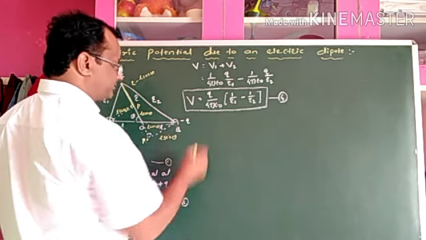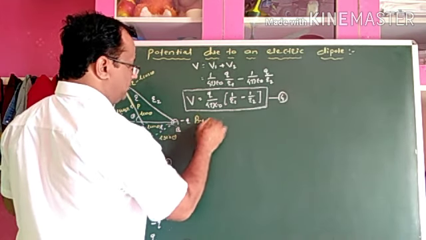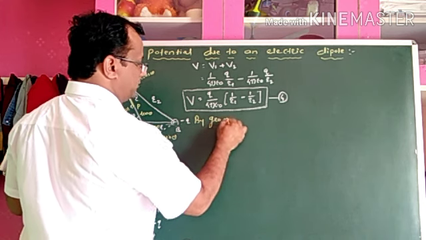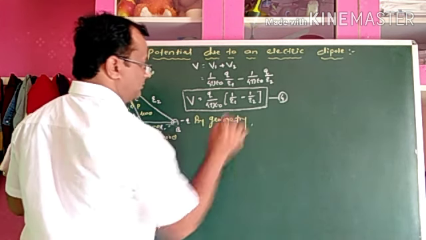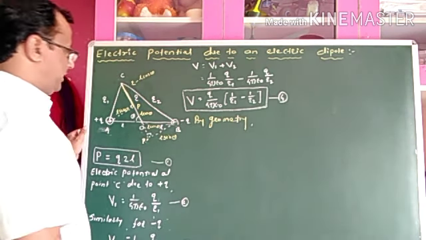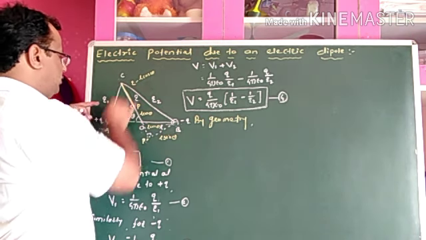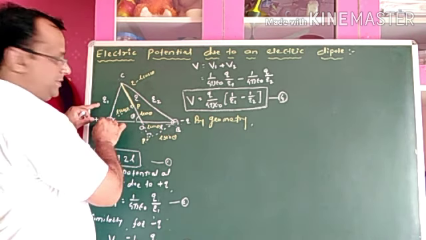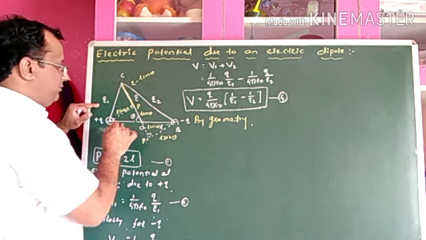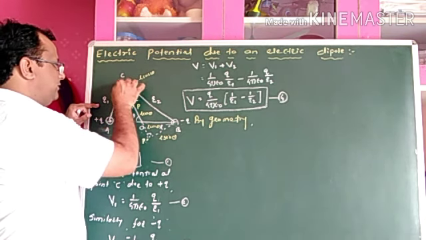What we get there? By geometry, first we want to find out the value of R1, right? So for that, we want to consider the triangle. Which triangle?